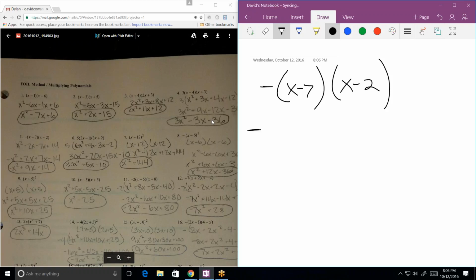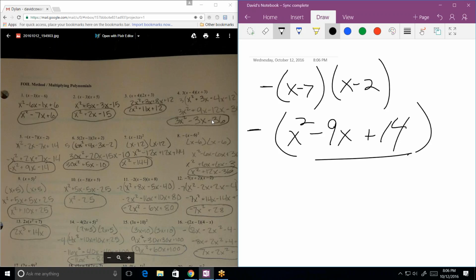So leave the negative sign out there, and then we end up with x squared, minus 2x minus 7x. I'm going to combine those. That's one thing I don't mind doing in my head. Plus 14. So I get that first. Now throw in the negative sign. Minus x squared plus 9x minus 14. And that's what you got.